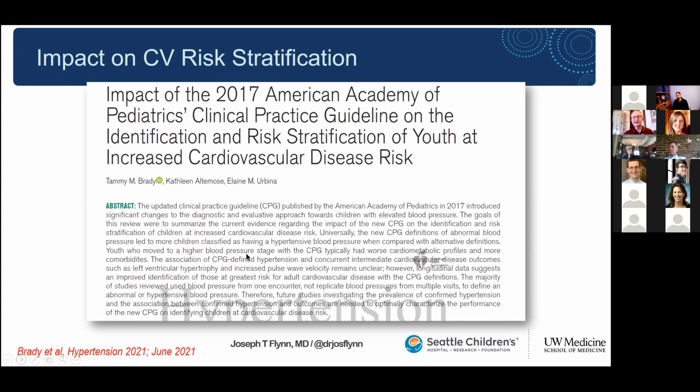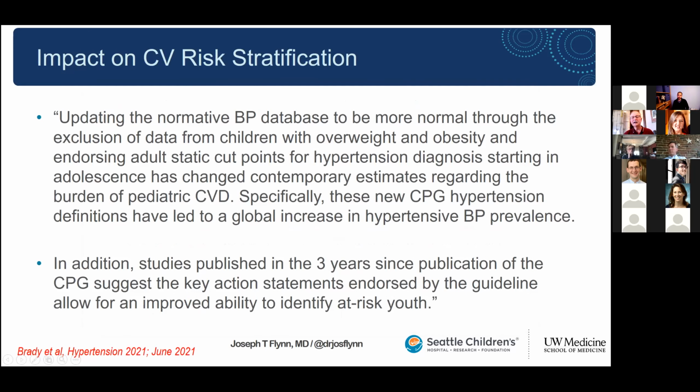So, updating the normative blood pressure database to be normal by excluding children with overweight and obesity, and endorsing the use of adult static cut points, changes the estimates of hypertension and even cardiovascular disease in children.